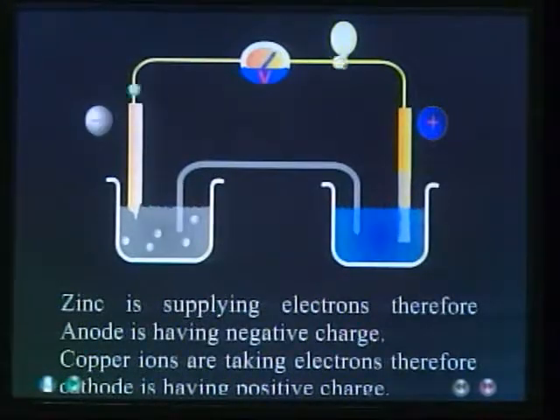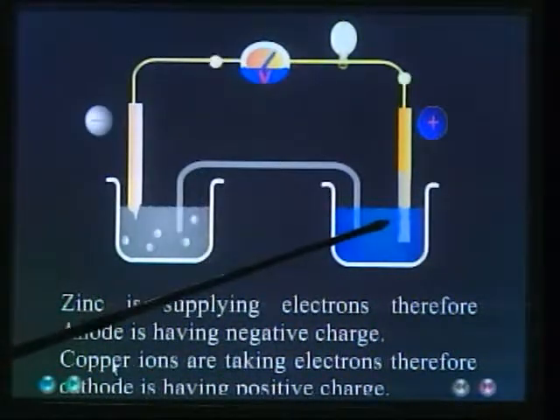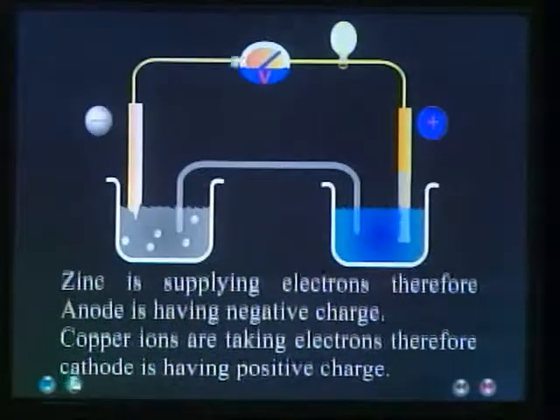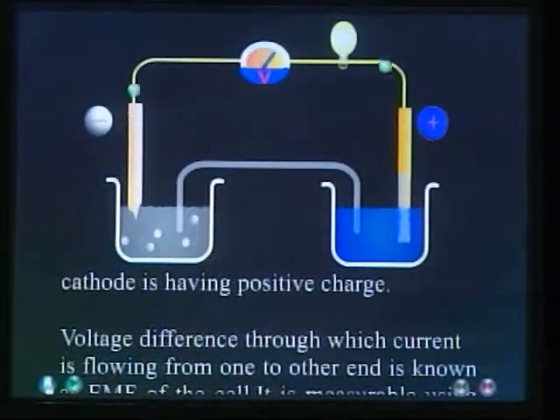In other words, zinc is supplying electrons and hence acting as anode, and because of supplying electrons, zinc is said to have negative charge. Therefore, the anode of the galvanic cell has negative charge. The copper ions are taking electrons at the copper metal. Therefore, copper is acting as cathode and it has positive charge.